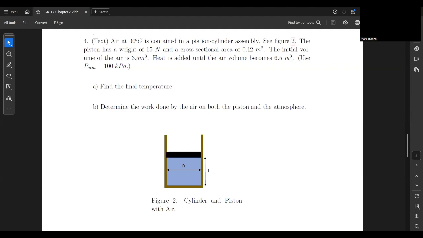The initial volume of the air is 3.5 meters cubed. Heat is added until the air volume becomes 6.5 meters cubed. Use atmospheric pressure of 100 kPa. Determine the final temperature.